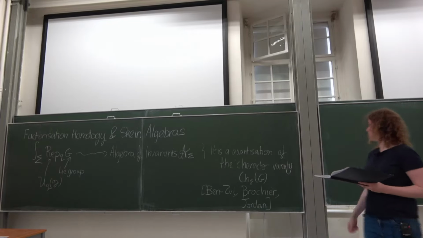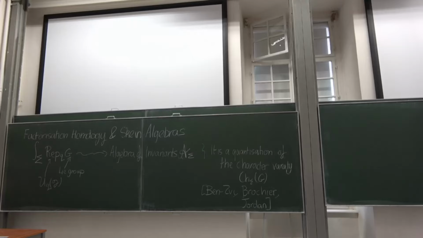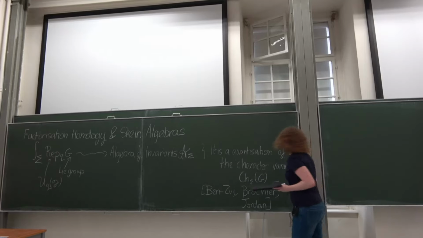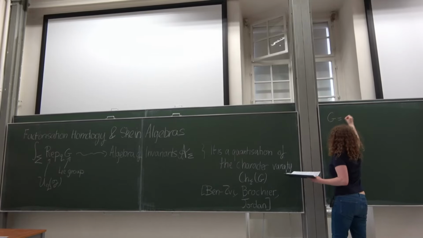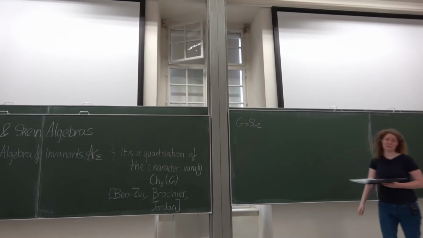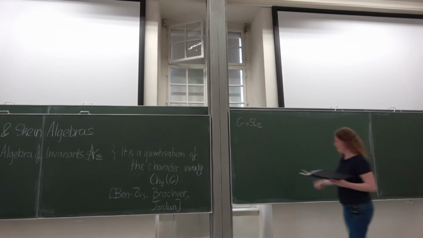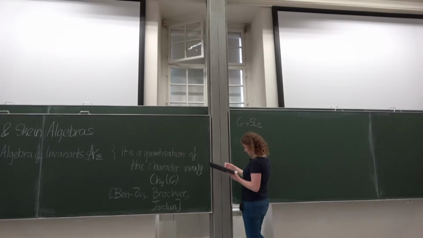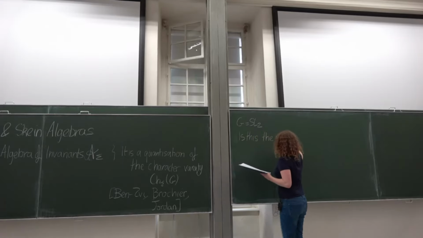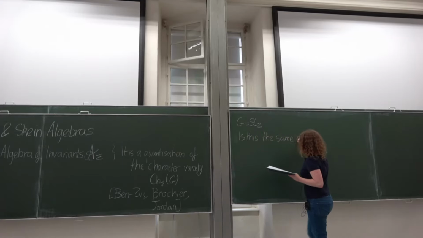So the point is, on Monday, we already had a quantization proposed of the character variety in the case where G was SL2, which was the Kauffman bracket skein algebra. So the question is: is this the same quantization?